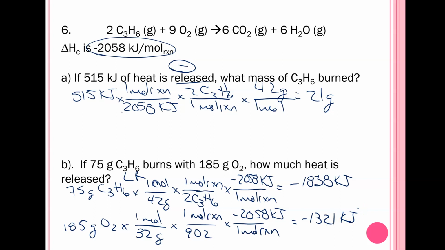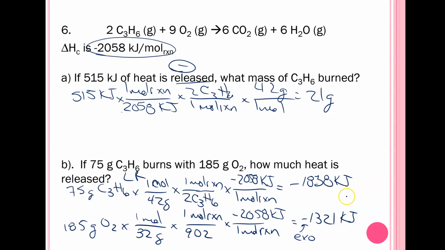So now I have to decide which one of my reactants is the limiting reactant. And in the past, I've always said pick the smaller number because that tells you which one's limiting. It produces less. However, with the negatives here, I just want to remind you that that means it's exothermic. Energy is not negative.